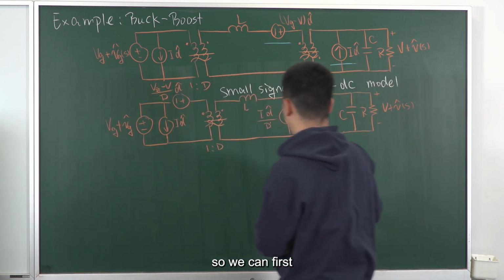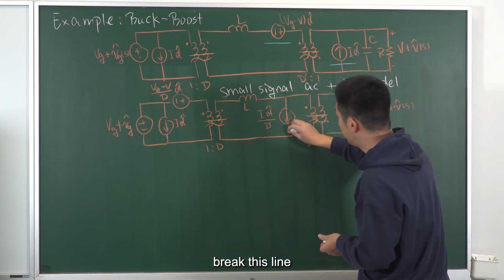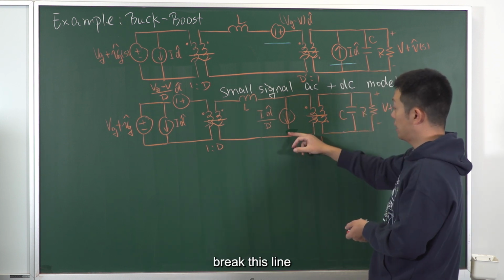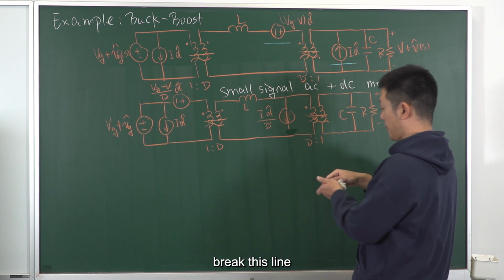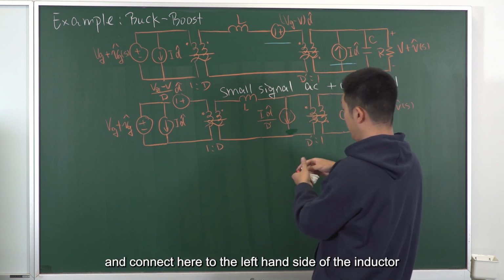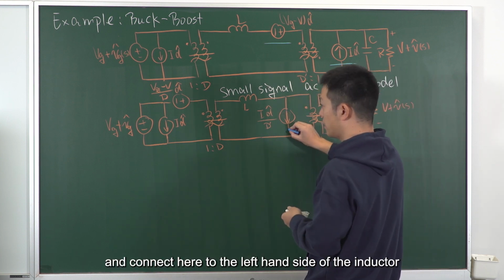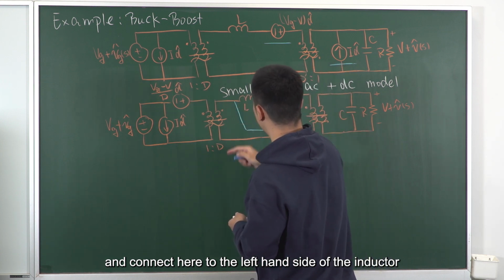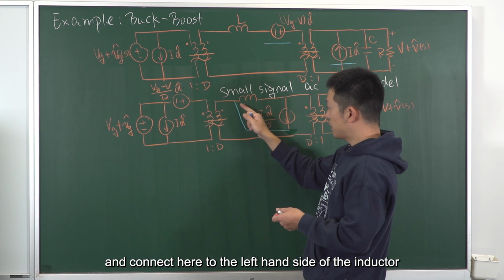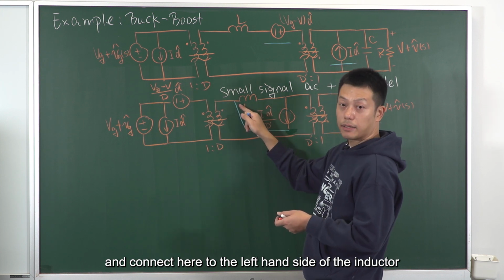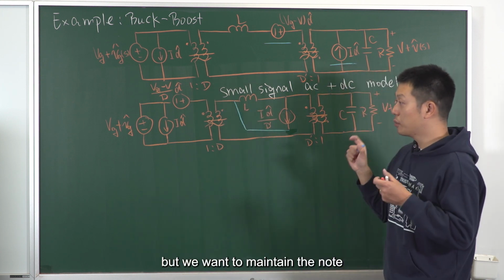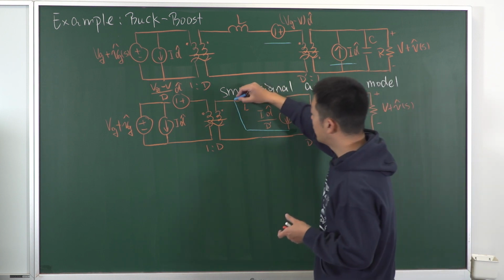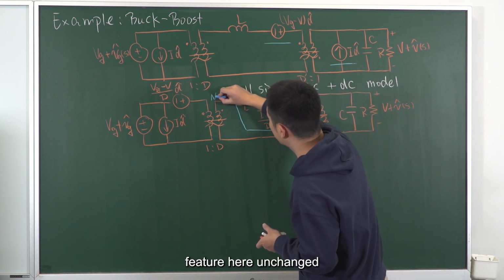We can first break this line and connect here to the left-hand side of the inductor. But we want to maintain the node feature here unchanged.